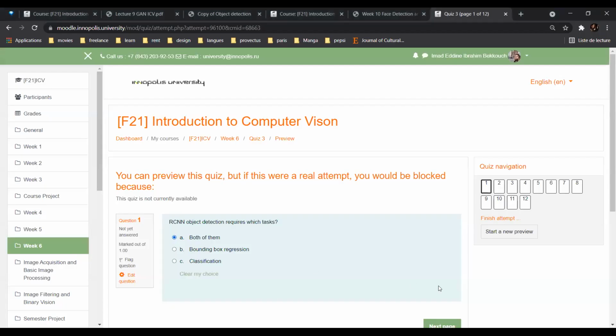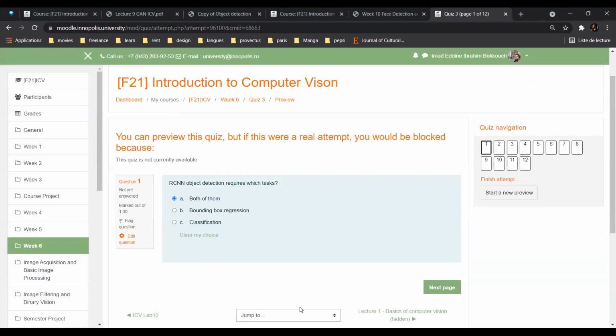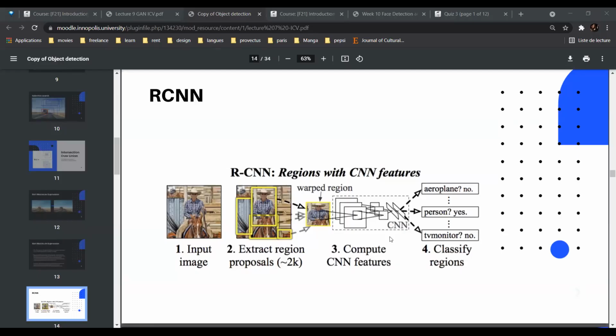Yeah, if we check the scheme of RCNN, the picture, we will see that the bounding box task is done by one network and the classification task by another network. No? Let's take a look at it. So you see, this is the RCNN, right? All of this is the RCNN network.